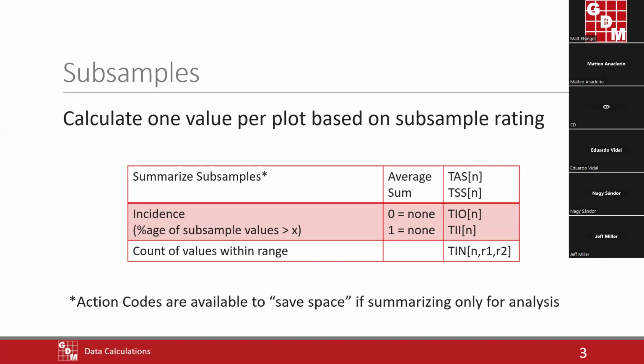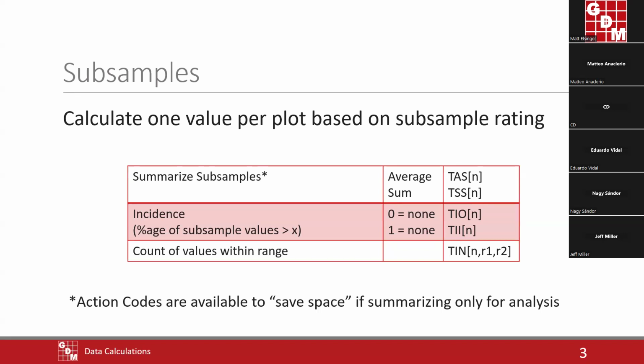So assuming you are taking some sort of data that's got multiple values for each plot, there's a few different calculations that we can do with data like that, primarily to summarize and give us one value per plot based on all of those subsamples you took.